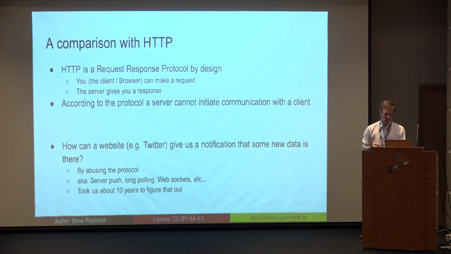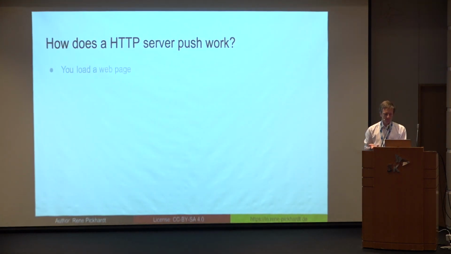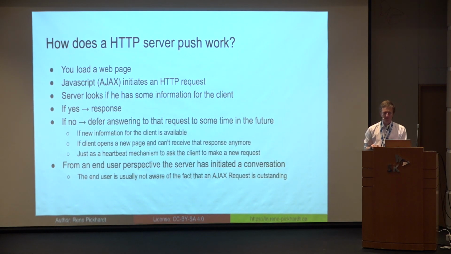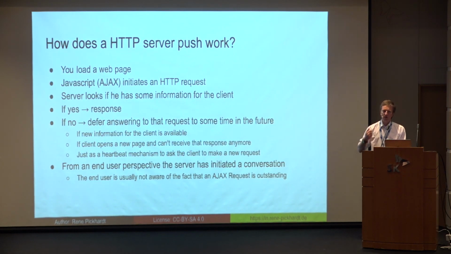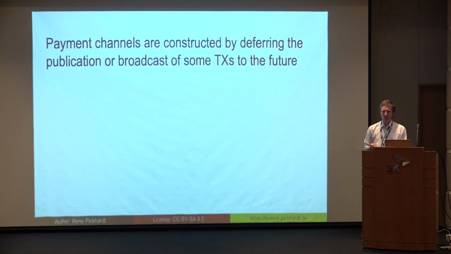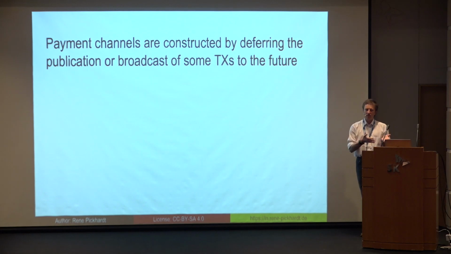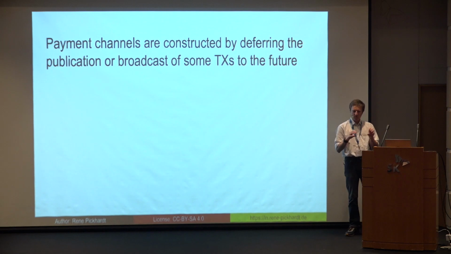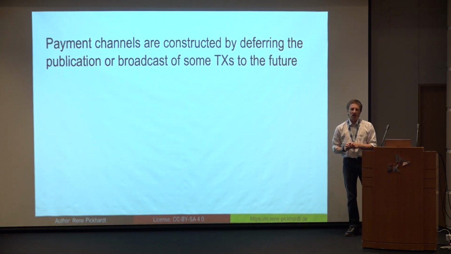So in a similar spirit, that's more of a description of how push notifications happen over HTTP. In the same spirit, we are abusing the mechanisms of Bitcoin to achieve something that Bitcoin was not designed to achieve. Bitcoin was: I want to pay you, therefore I prepare transactions and pay you.